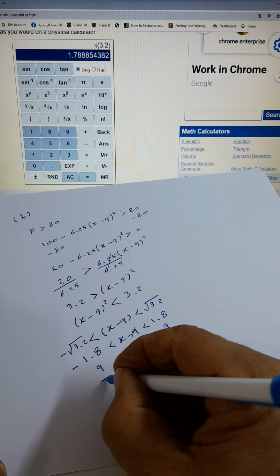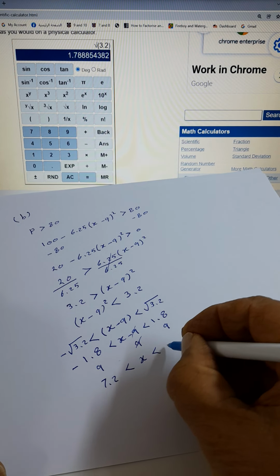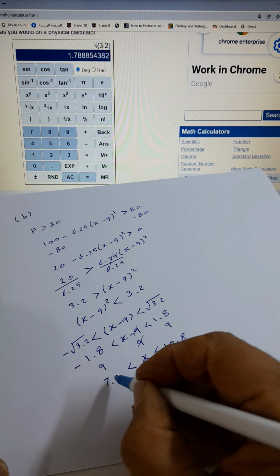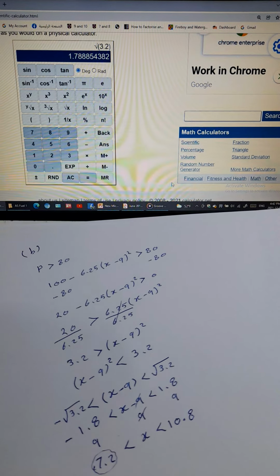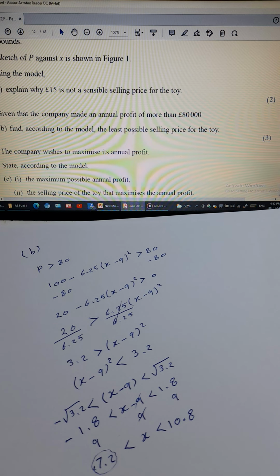So 7.2 is less than x, and x is less than 10.8. So this is the lowest price, 7.2, the least possible selling price for the toy.